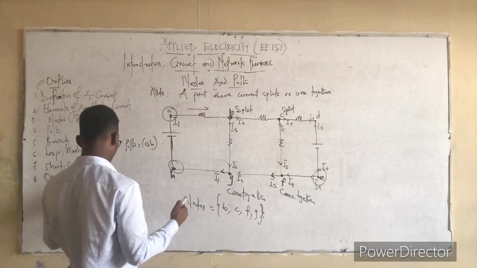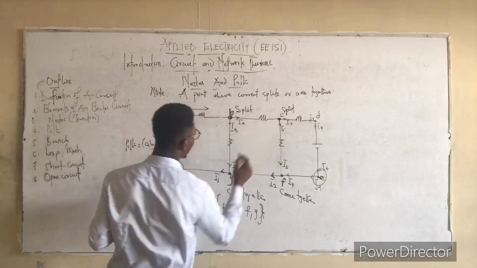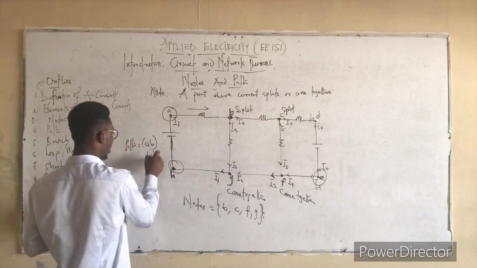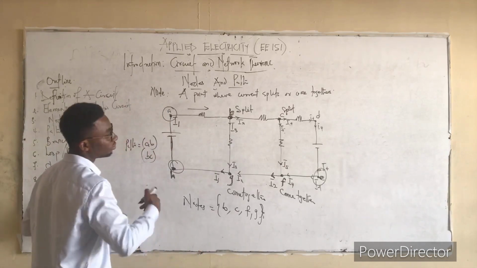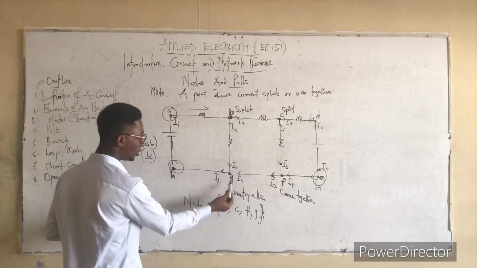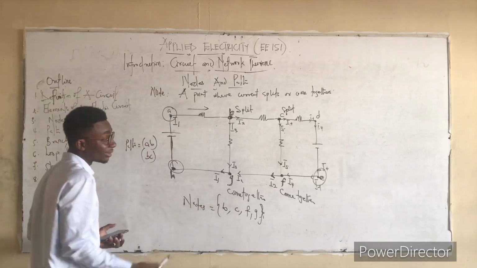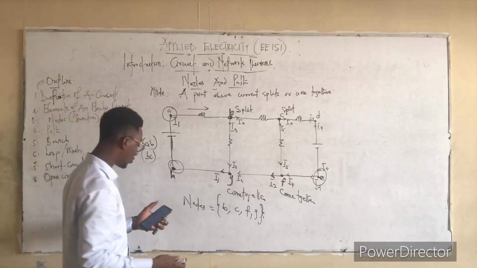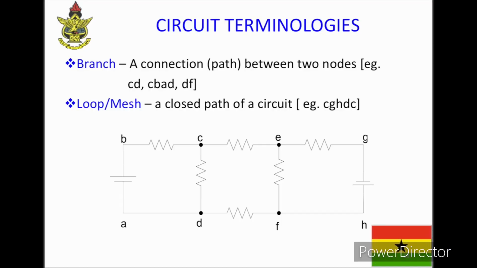We'll also check between B and C, it's also a path because current flows between B and C. And there are a lot of paths within this circuit. You check between J and H, it is a path, M and G is a path, because there's current passing through those various parts of the circuit.